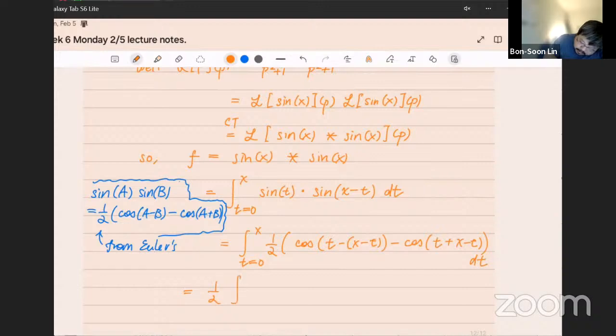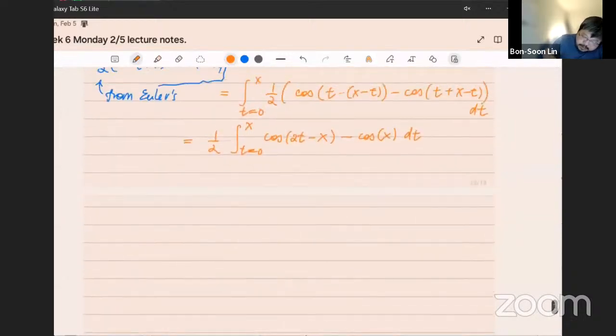The 1/2 comes out, t from 0 to x, cosine of t minus x minus t, that is cosine of 2t minus x, minus cosine of t plus x minus t, that's cosine of x, dt.